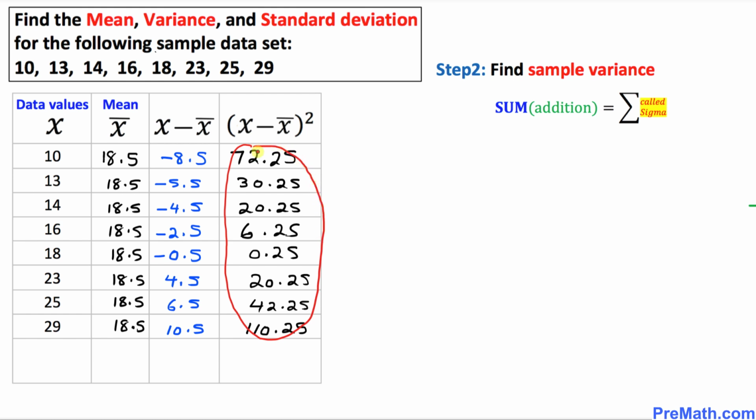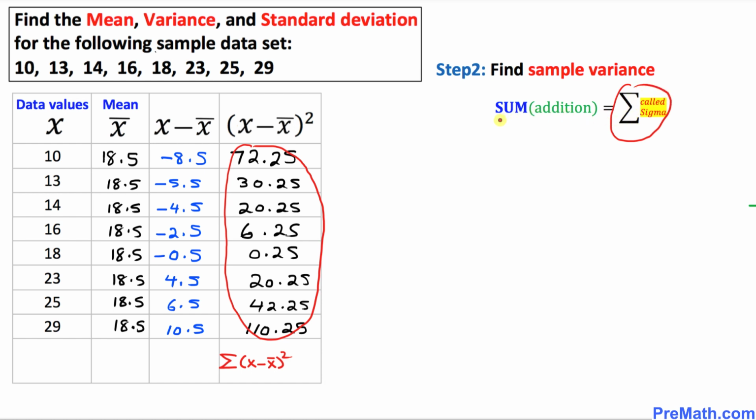And now finally we are going to add all these values up in this fourth column. When we add them up, we represent this one by sigma of x minus x bar squared. And one more thing, this notation is called sigma.